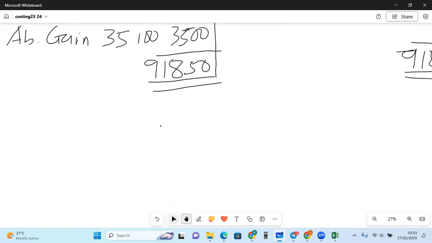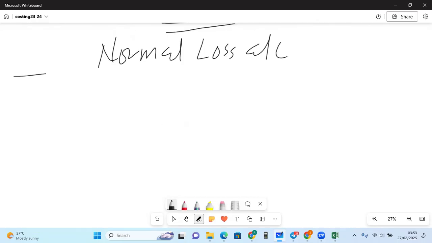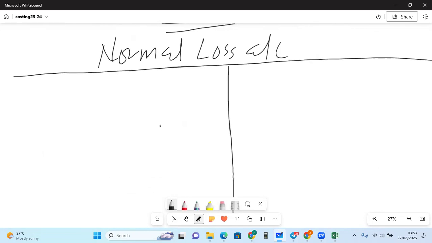Now let's do our abnormal and normal loss and gain accounts in addition. So let's start by creating the normal loss account. For our normal loss, we will be selling almost everything that we'll be getting as scraps, right?